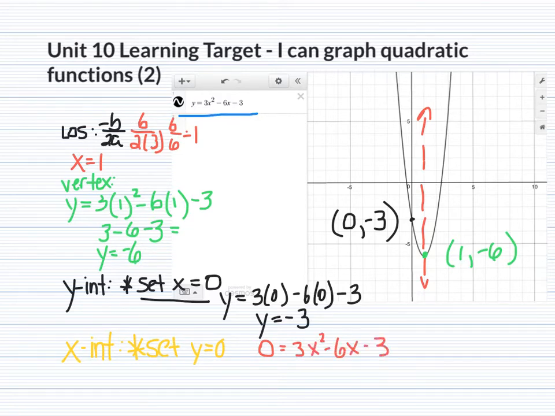This is where we have to factor. Set y equal to 0, factor. We're going to factor out that 3, which makes our problem much easier. x squared minus 2x minus 1.